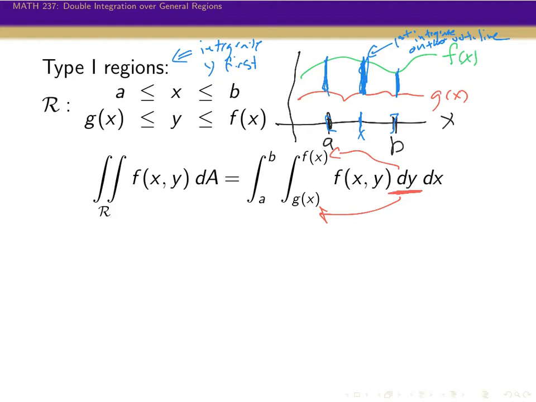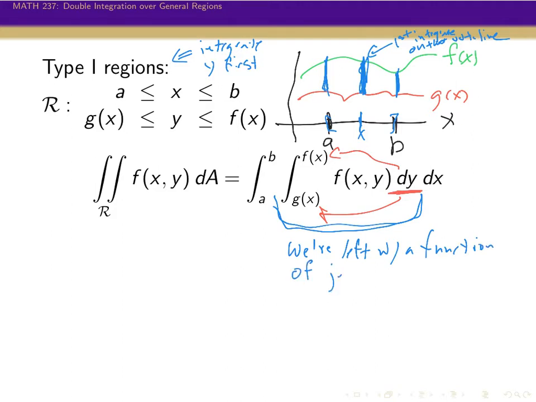After we evaluate this first inside integral, we'll be left with a function of just x's.